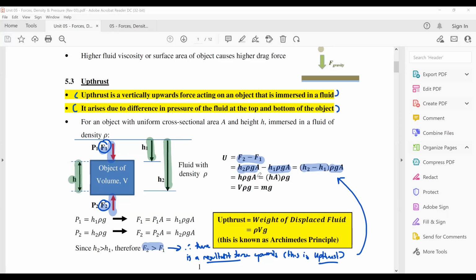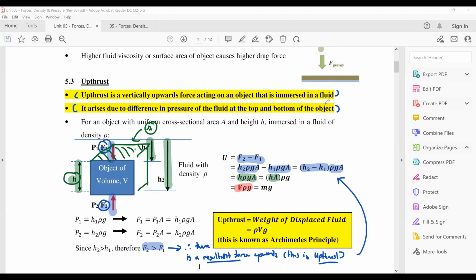So it becomes H rho g A. And then if you play around again with the expressions, remember just now I drew something here where I told you that this one is A. If you have H and you multiply with A, this will give you volume. So your resulting expression will become V rho g.